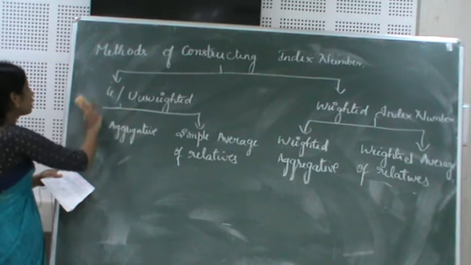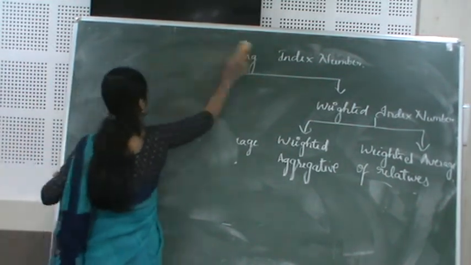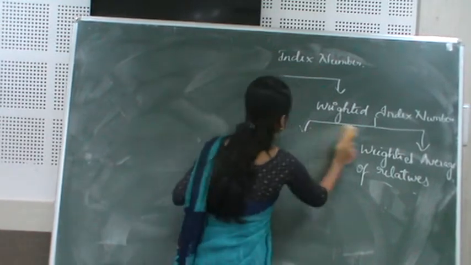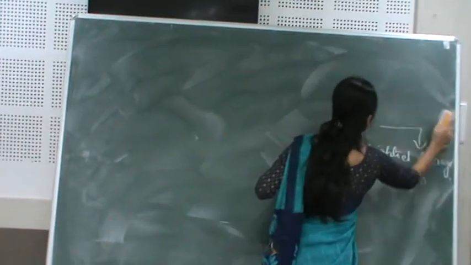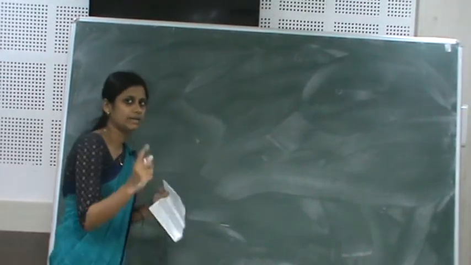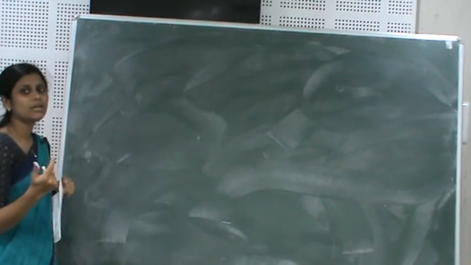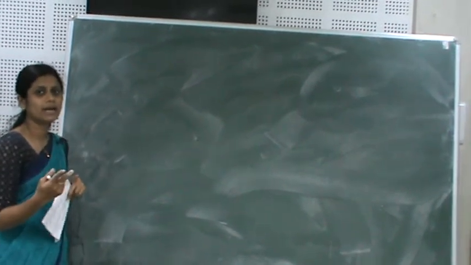First and foremost, we are going to study price index number. There are three types of index number that we discussed in our previous session: price index number, quantity index number, and value index number.